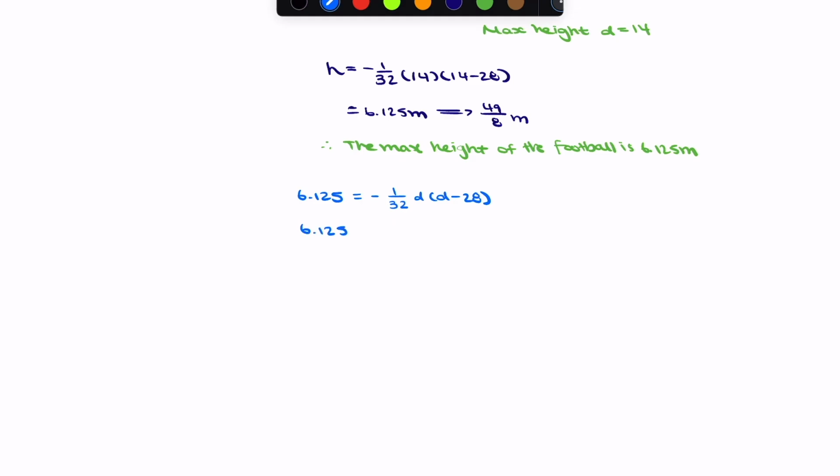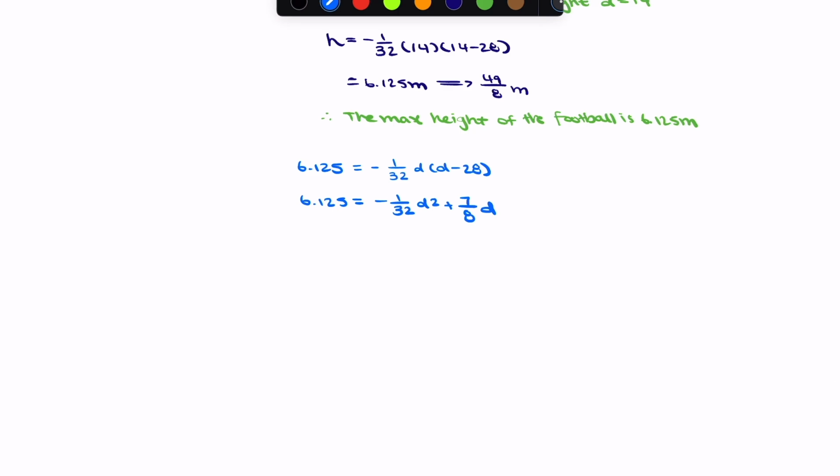Here we're going to expand, so we have 6.125 is equal to -1/32 d squared plus 7/8 d.